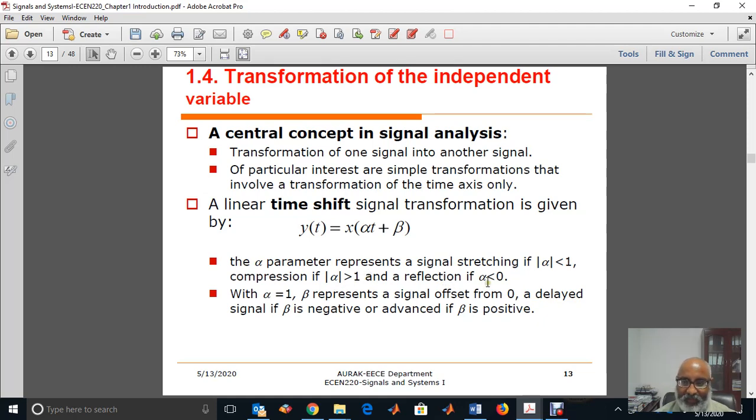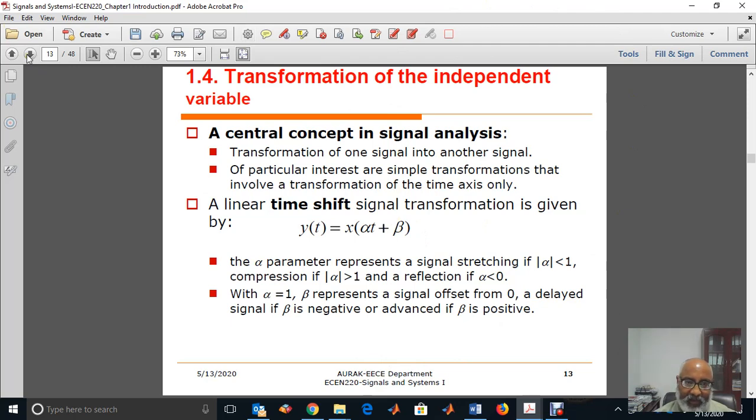And if alpha is less than 0, the signal will be time reversed. Time reversed means reflection of the signal across the y-axis. And if beta is negative, we have a delayed signal, and if beta is positive, we have an advanced signal.